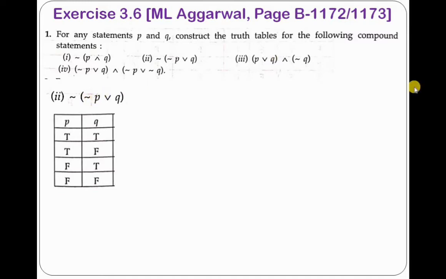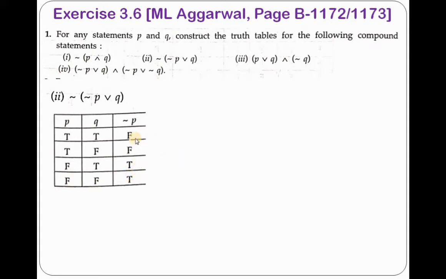Let me draw the table for negation P. You clearly see that when P is T, then negation P becomes F. If you are not able to understand, let me show you here. I have drawn negation P out here. If P is T, then negation P is F. If P is T, again it becomes F. Here it is F, so that's why it has to be T. Here it is F, that's why it has to be T here.